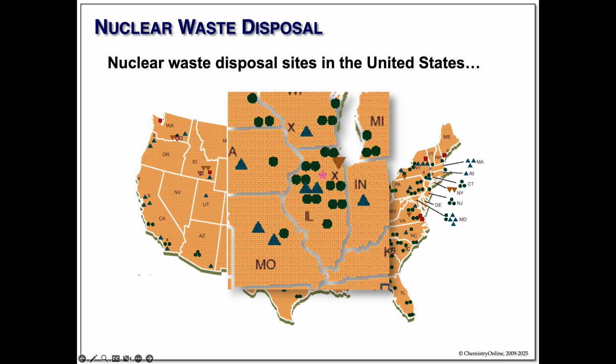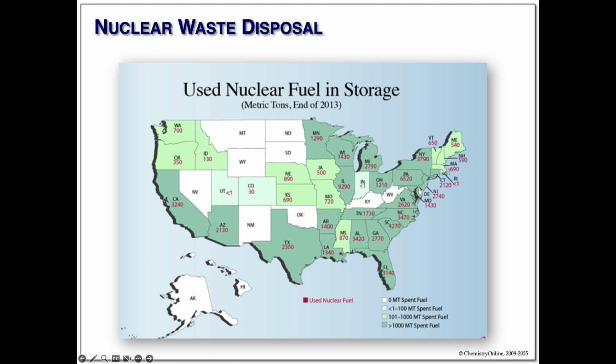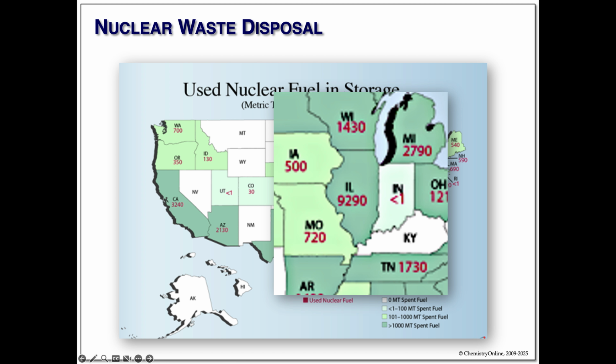If something goes wrong in this storage system, there's a total of 9290 metric tons of stuff stored here in Illinois. Now, ComEd gets good money for that, and they're real happy with that. But that's a lot of stuff. Okay? Indiana less is done.